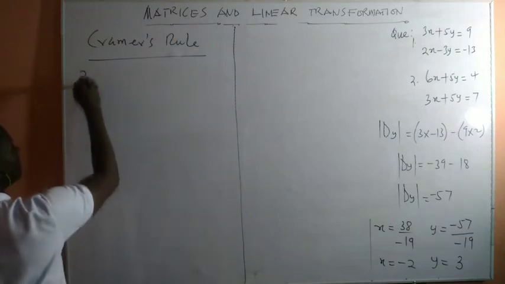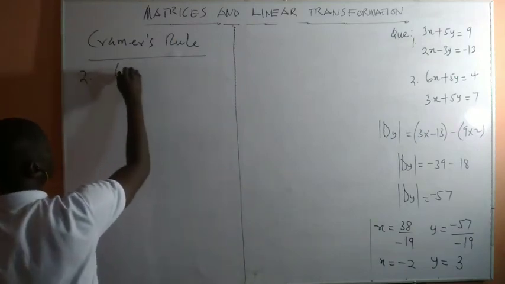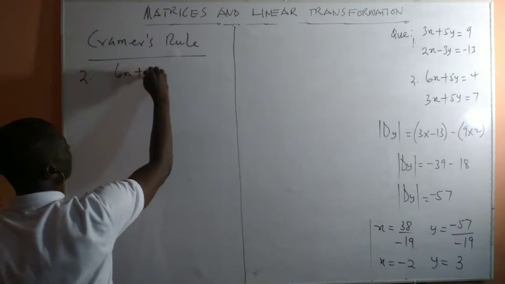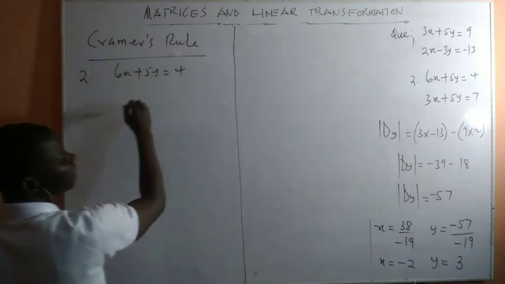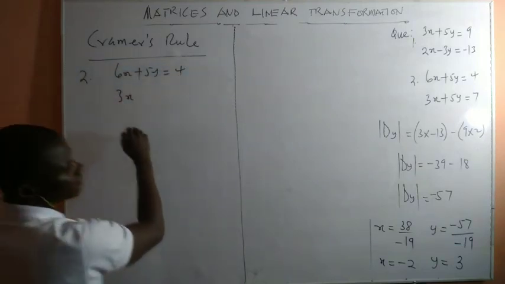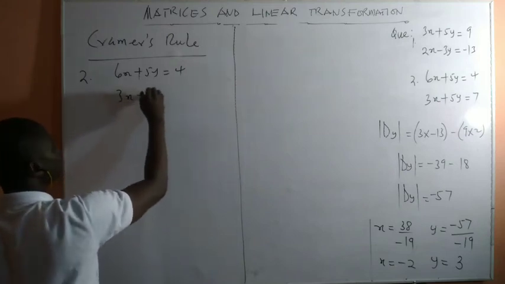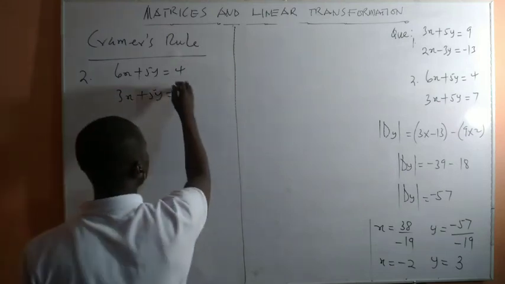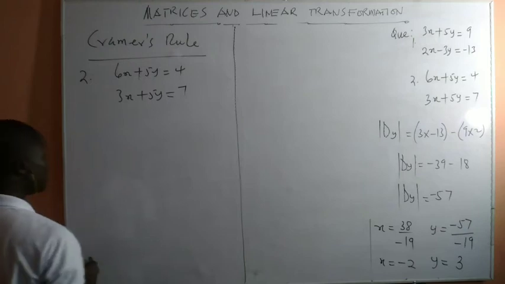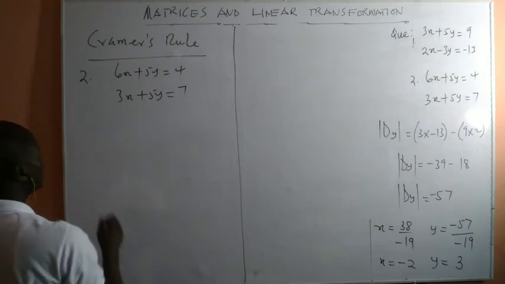The equations are 6x plus 5y equals 4, and 3x plus 5y equals 7.